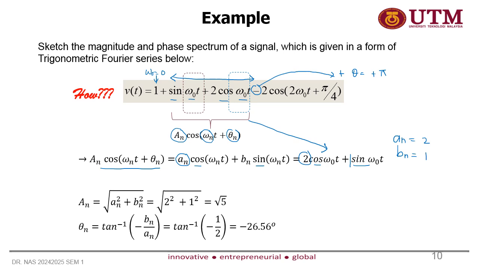To calculate the amplitude An, it is the square root of an squared plus bn squared, so the square root of 2 squared plus 1 squared. You get An equal to square root of 5. Theta n equals the inverse tangent of negative bn divided by an, so the inverse tangent of negative 1 over 2. You get theta n equal to negative 26.56 degrees.